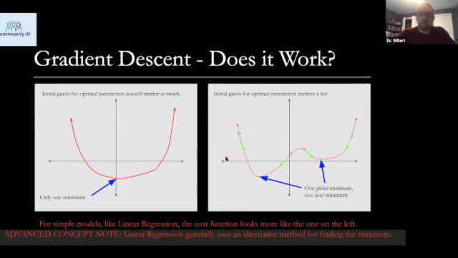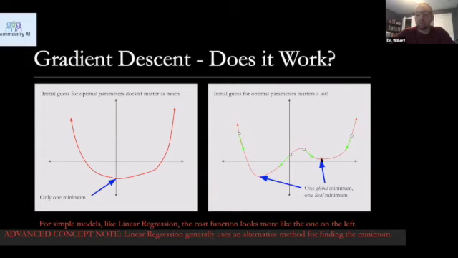But that might not be true if our cost function has a little bit more shape to it. If it has what we call a local minima and a global minima. So the global minimum is really the value where the cost function attains its minimum everywhere.